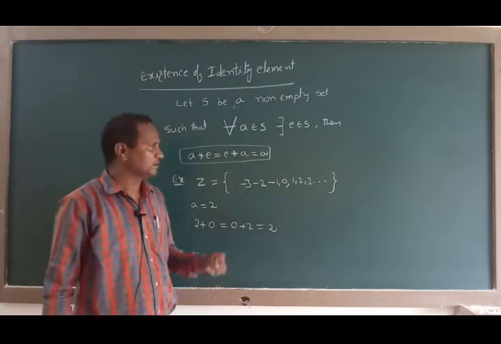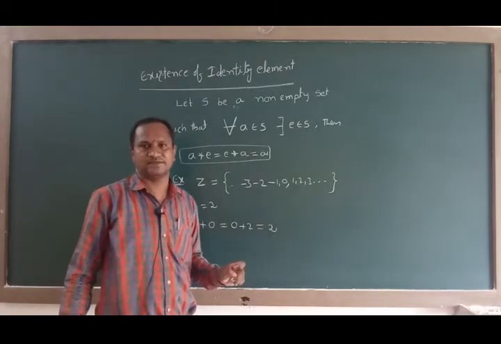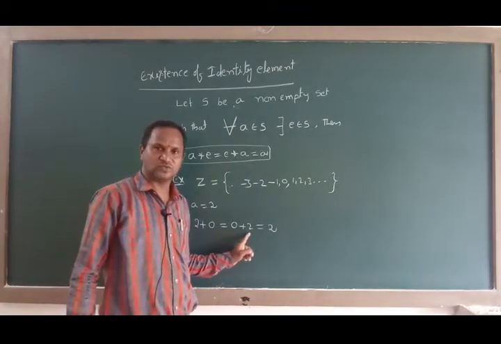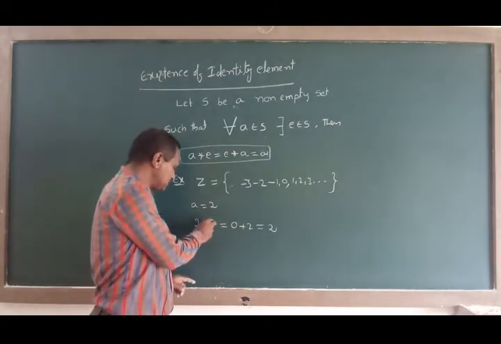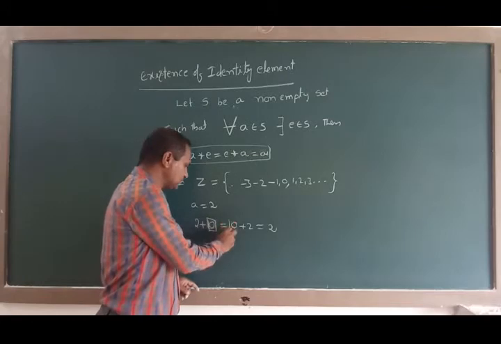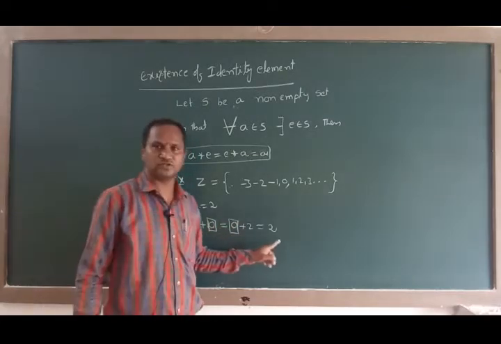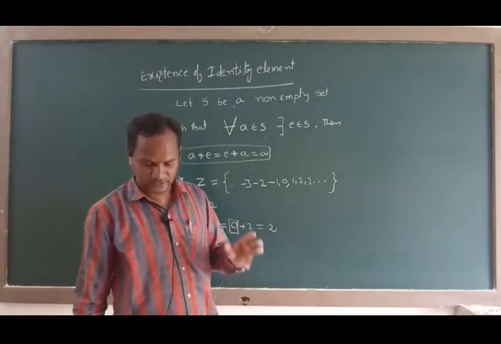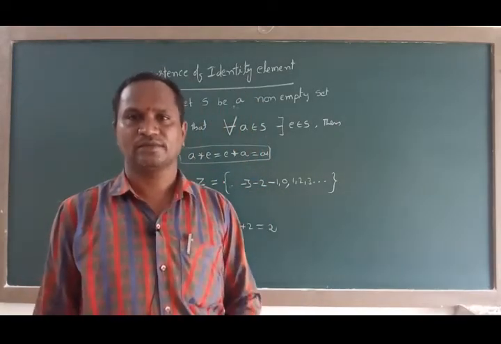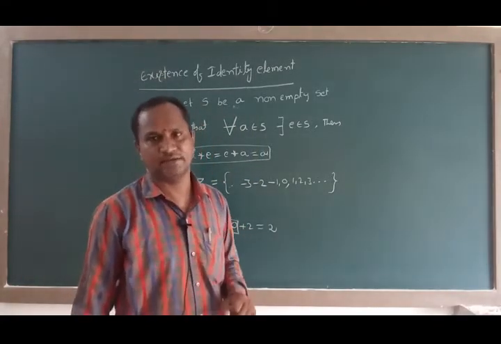Then what about e here? e is the identity element. 2 plus 0 or 0 plus 2, the common element is 0. Here also 0 is the common element. 2 plus 0 is equal to 0 plus 2 is equal to 2. That's why 0 is an identity element with respect to addition. With respect to addition, 0 is always the identity element.